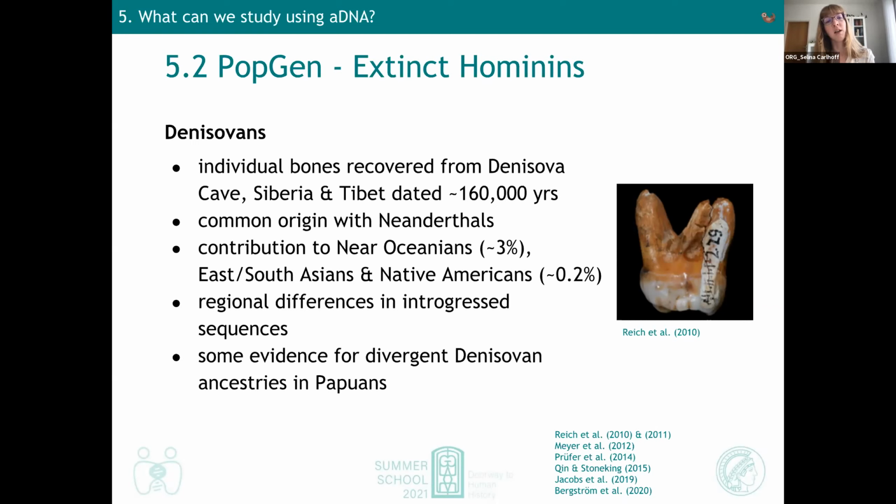And there's even the evidence for distantly related Denisovan ancestry, so from two different Denisovan populations, can both be found in Papuans today. But there's still a lot to learn about the Denisovans, and there's new publications coming out about the Denisovans every year. So that's really quite an exciting part of not directly human, but human-related history.